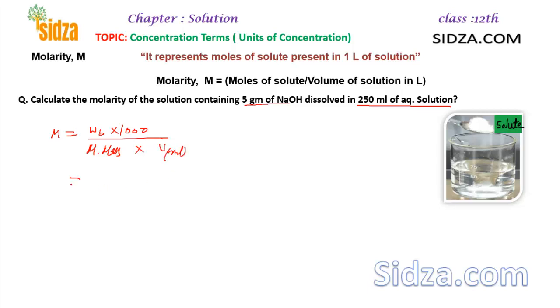I'm going to use this equation again. Molarity will be equal to 5 grams times 1000, divided by the molar mass of sodium hydroxide, that is 40, times the volume of solution, 250 mLs.